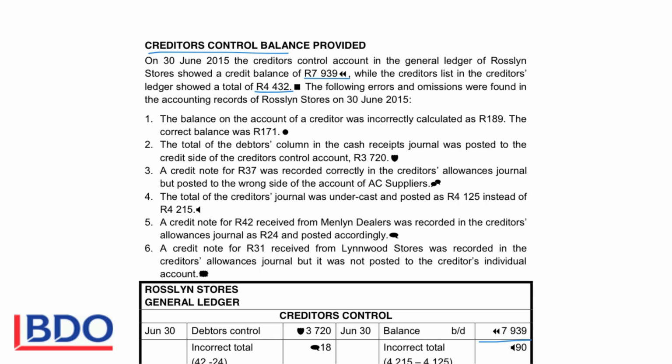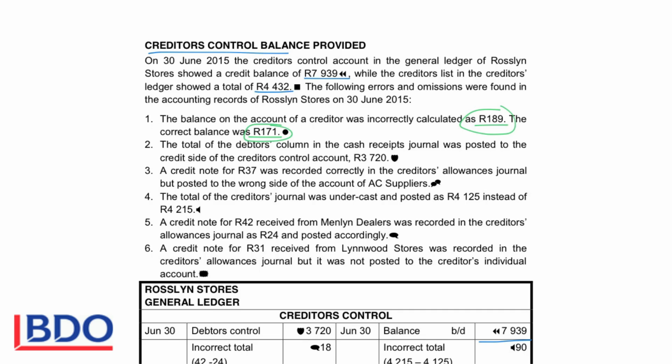If we look at the first entry here, they say the balance on the account of a creditor was incorrectly calculated as 189. The correct balance is 171. No mistake was made in the creditors control account because there's no mistake in the journal. When the account of the creditor was balanced, we showed the incorrect balance as 189, where it's supposed to be 171.